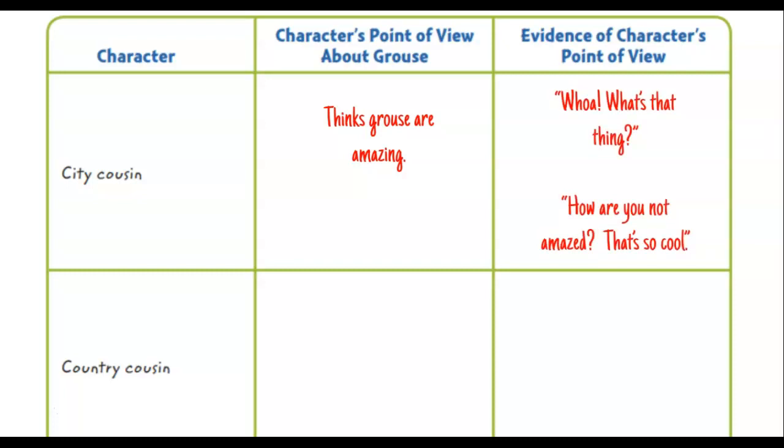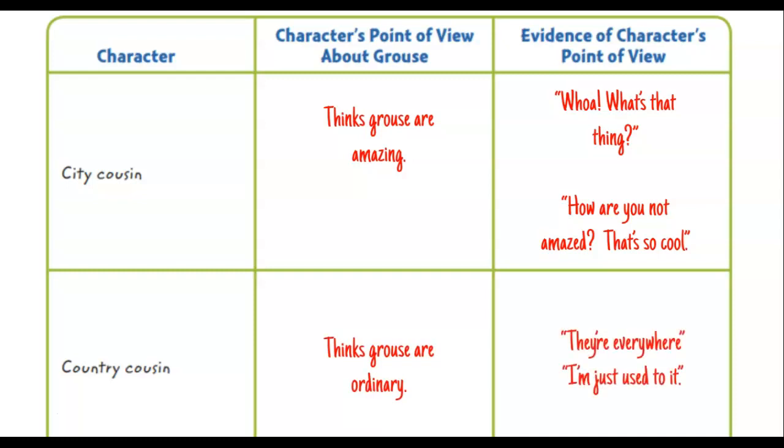And so evidence of this would be when they said, Whoa, what's that thing? How are you not amazed? That's so cool. And so that cousin definitely looks at that situation amazed and really mesmerized about something they've never seen before. The country cousin thinks grouses are ordinary, plain, just normal, nothing special. And then she says, they're everywhere, or I'm used to it.